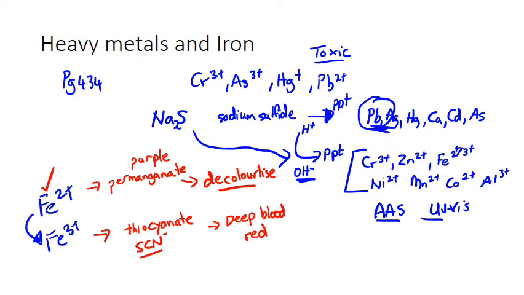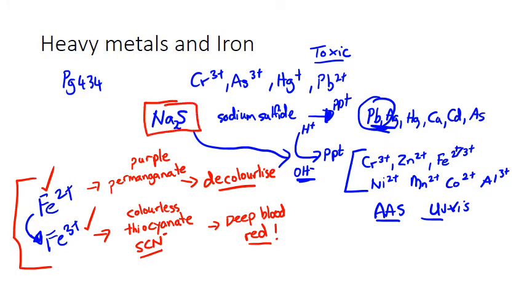This is colorless, and we form this deep blood red color. So if we do, then iron 3 is there. So remember these tests for iron 2 and iron 3, and remember the sodium sulfide test for heavy metals.